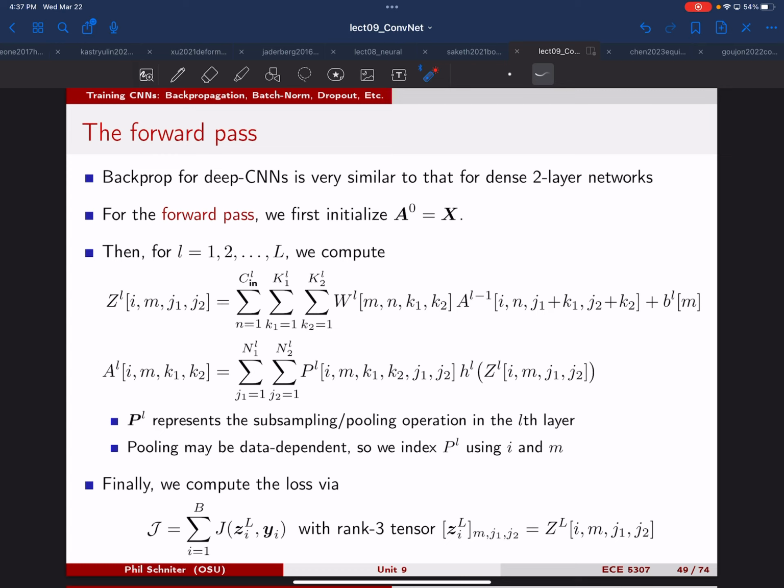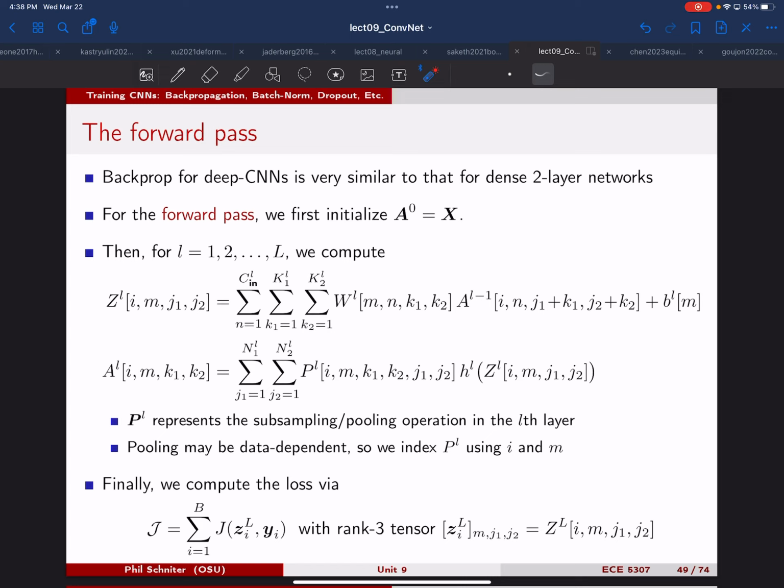And this is a very general thing here that I'm putting all the indices on because what happens here could actually be different for every element within the batch. Because when you go through a max pooling layer, it's figuring out what it's doing based on the image.